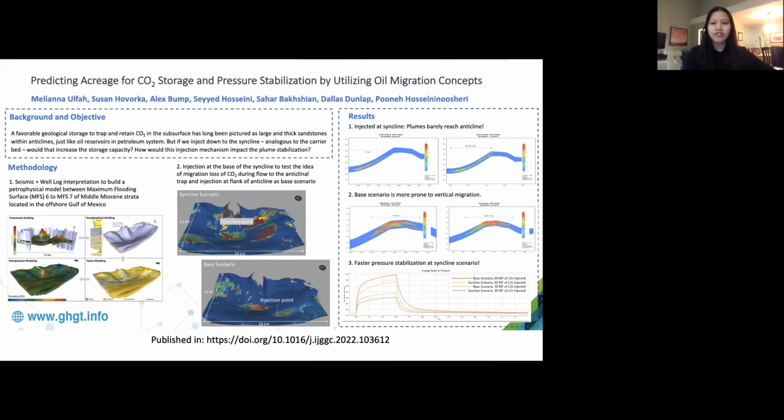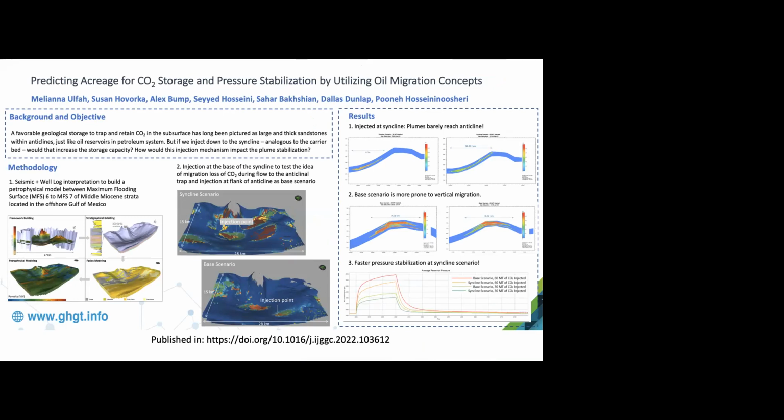And so the first one is from my thesis. As I said earlier, and as Aditya mentioned, I used to work in oil and gas, so I'm pretty familiar with lots of oil and gas concepts. One of the interesting concepts that I applied for this study is the oil migration concept.